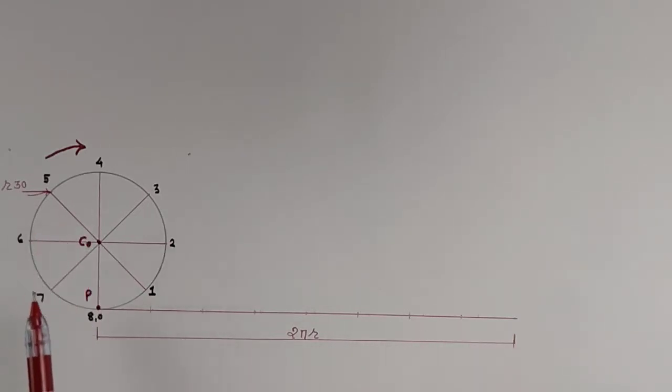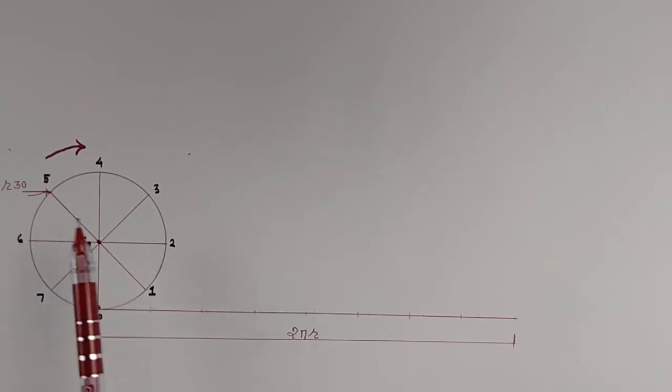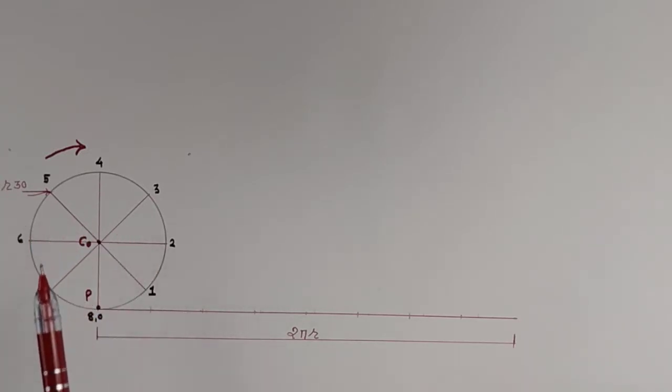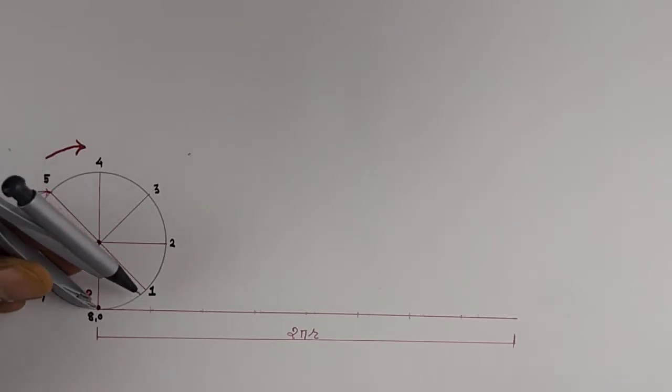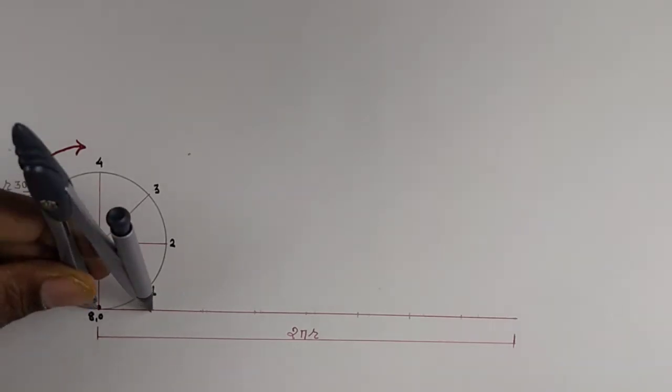But here we are dividing our rolling circle in number of 8 parts. So we go for our straight road division in number of 8 parts. Each part distance becomes 23.5 mm. So I take the 23.5 mm radius.